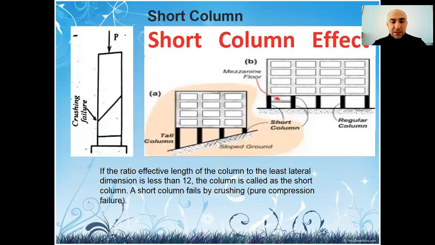Next, short column. For a short column, the strength is governed by the strength of material and the geometry of the cross section. About 90% of columns braced against sidesway, and about 40% of unbraced columns, could be designed as short columns.